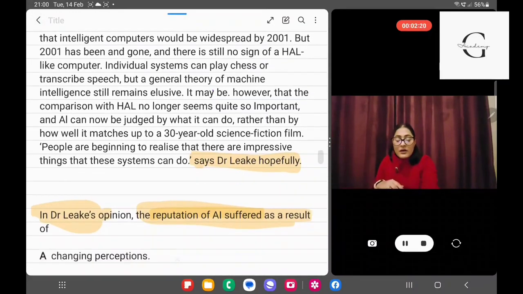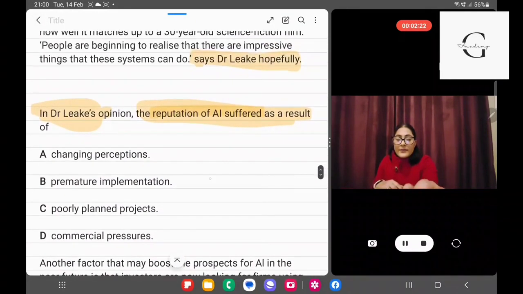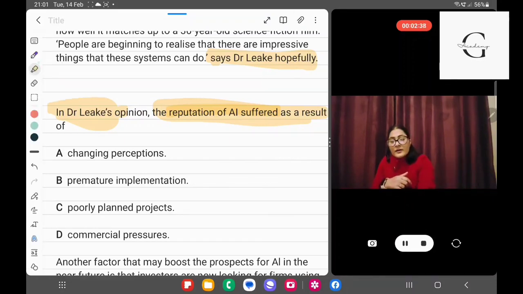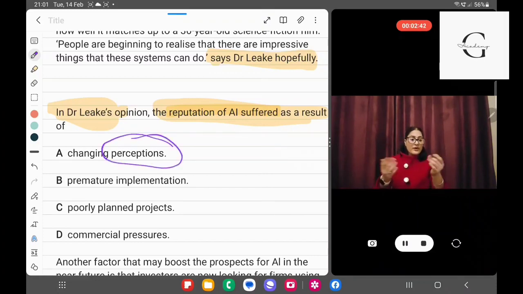Let's see the options. Changing perceptions, premature implementation, poorly planned projects, commercial pressures. So here this is also a synonym. They have used the word perception here. As you do in writing, who has the perception? Yeah, the people, how they think, how they believe, that's a perception.